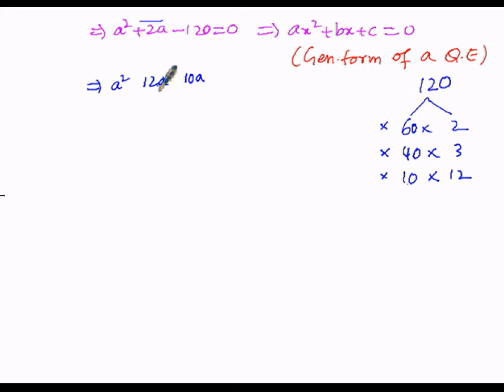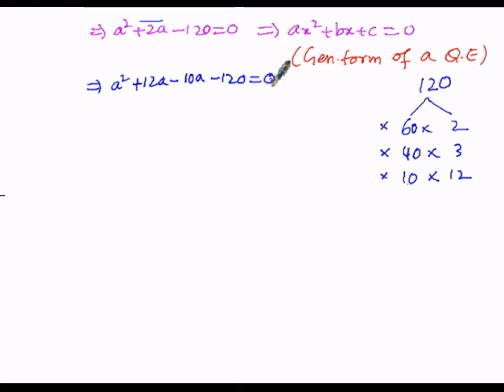So, greater one must be assigned plus positive sign, and if I take here minus sign, plus into minus is of minus. So, we can subtract greater minus least is of 12 minus 10, that is 2a. Then since 12 is greater than 10, 12's sign is positive, we will be getting positive sign. Then now minus 120 must be written as it is, that must be equated to 0.